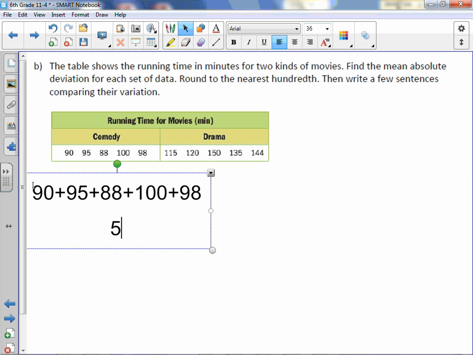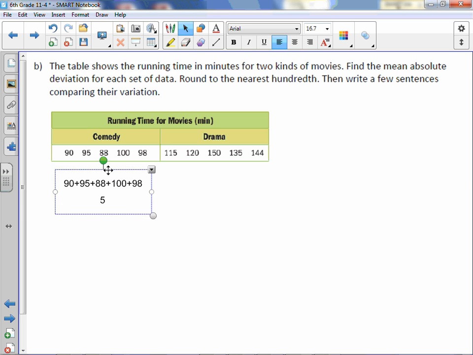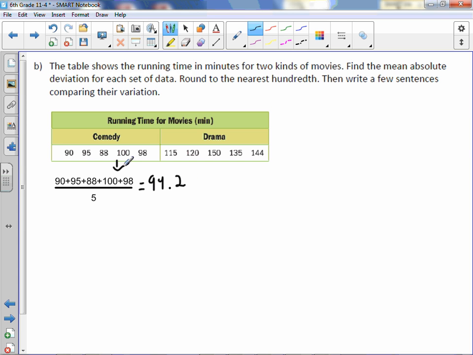Divide by 5 values. We get a mean of 94.2. And again, this is for the comedy.